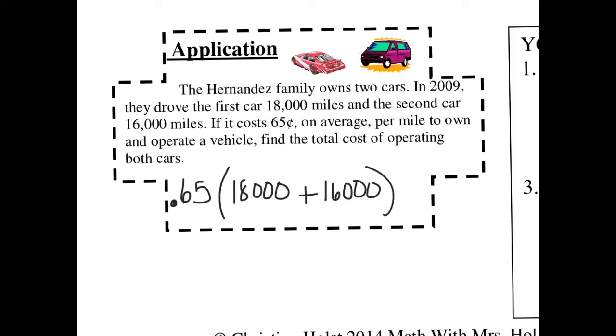So when I find the cost, I'm actually going to distribute the 0.65 times 18,000 and the 0.65 times 16,000. We're talking about money. That's why I turned that cents into a decimal to the hundredths place. So 0.65 times 18,000 equals 11,700.